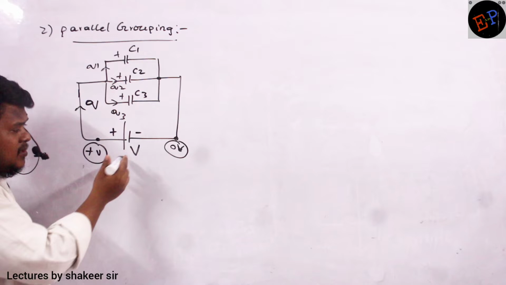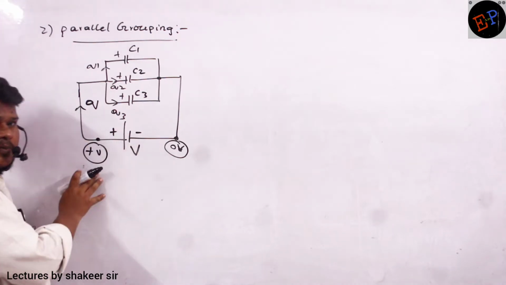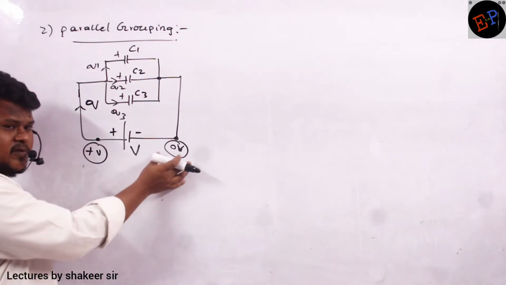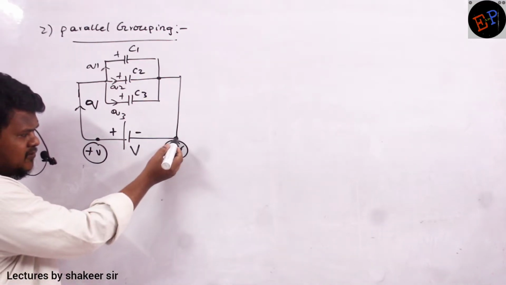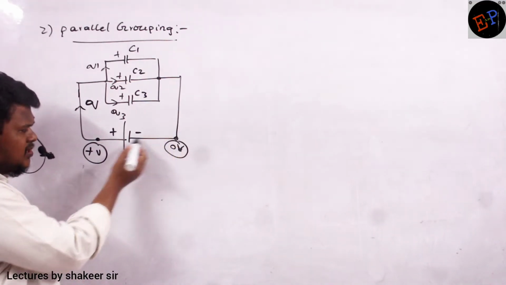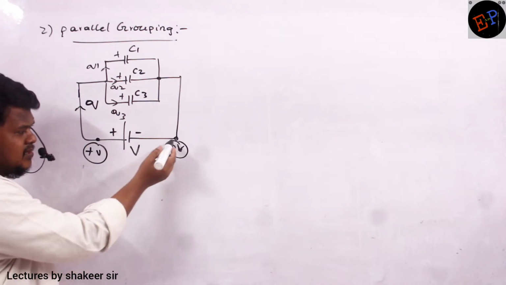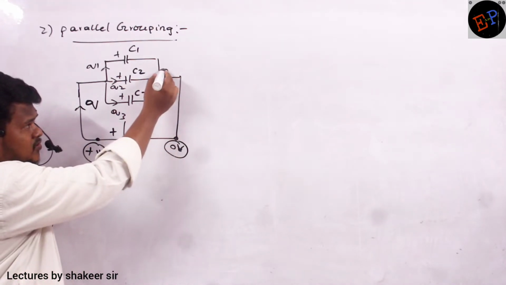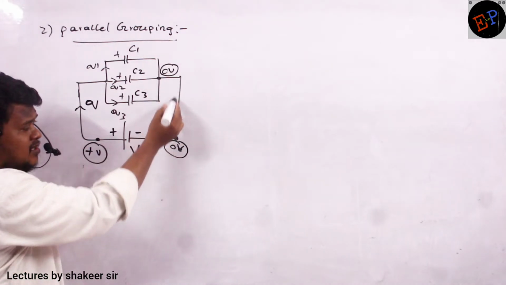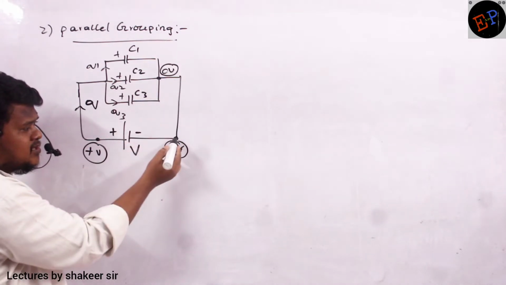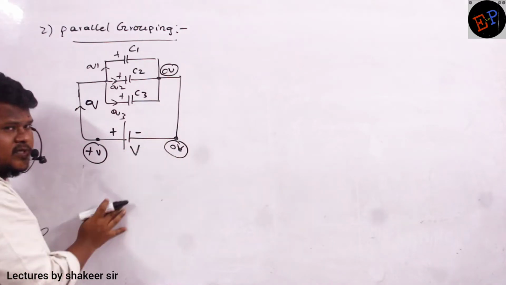Positive plate means it is at higher potential. Negative plate means it is at lower potential. So here if I take potential to be 0, then here potential is V. Here if it is 0, the same 0 volts is applied here also, because in between these two points there is no consumer of potential or supplier of potential.